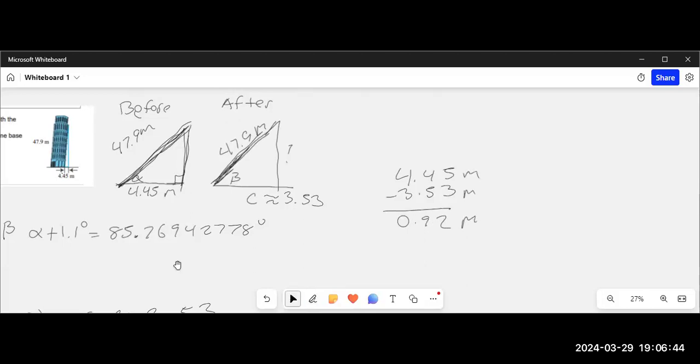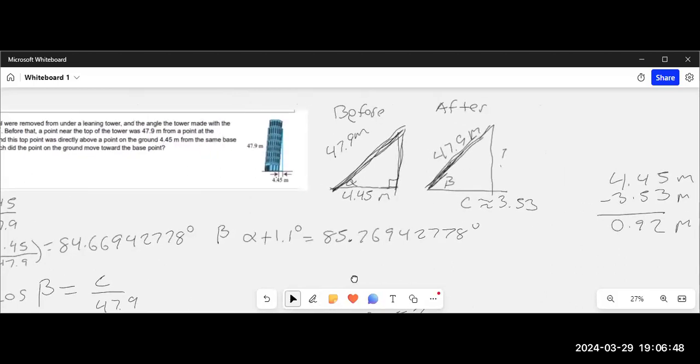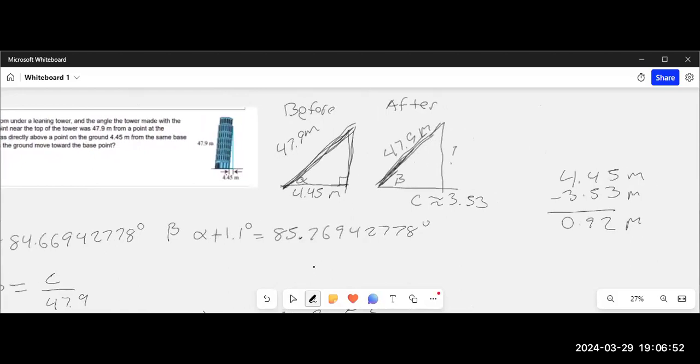And that answers our question here about how much the point on the ground moved towards the base point. It moved 0.92 meters towards the base point.